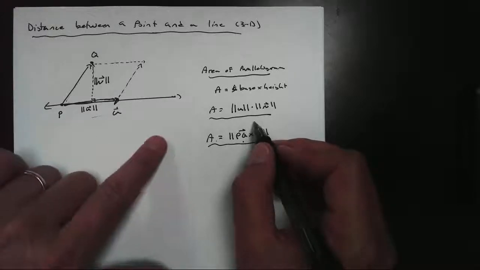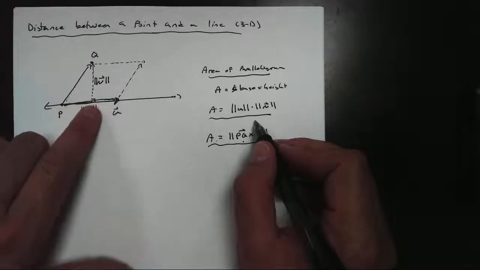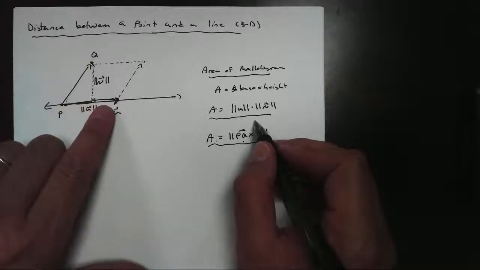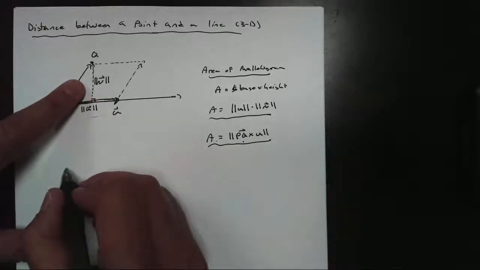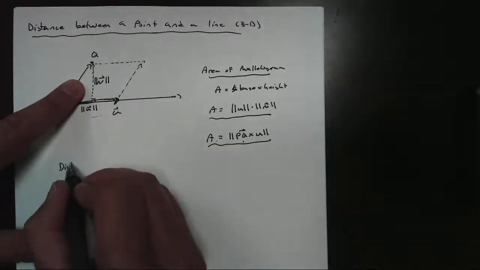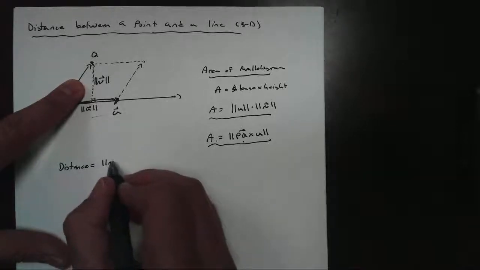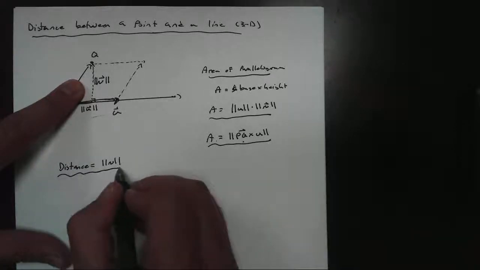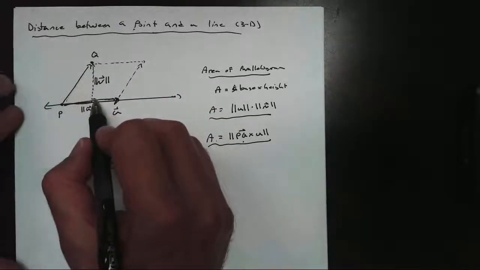But remember, the whole idea is to find the distance between the point Q and our line represented by vector u. That distance is just going to be the magnitude of n. That's what we want to find.